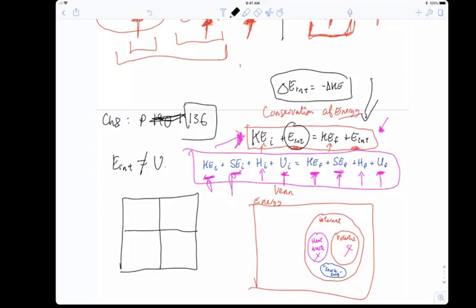Roughly speaking, there are 4 different types of energy associated with whether they're related to configuration or whether they're related to motion.